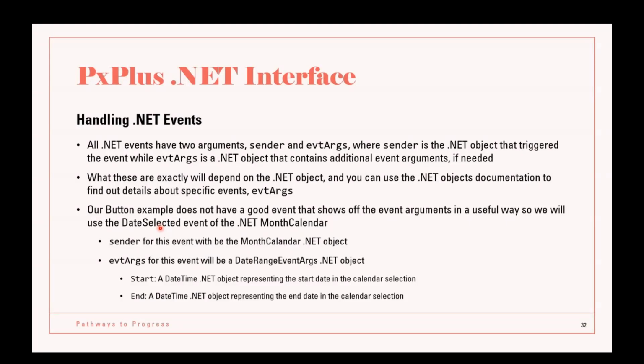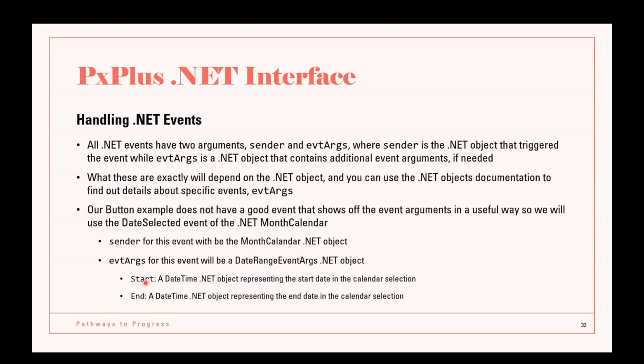So for the date selected event, the sender argument will be the month calendar .NET object that the event triggered from, while event args will be of type date range event args. And this .NET object has just 2 properties, start and end. Each are of type datetime.